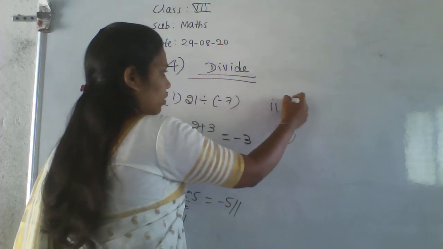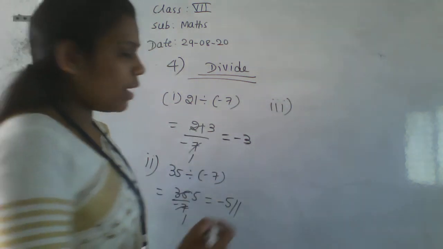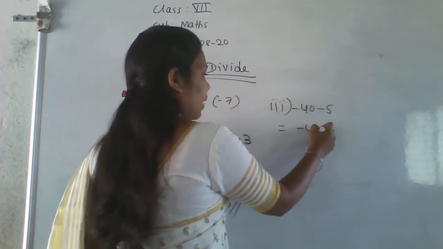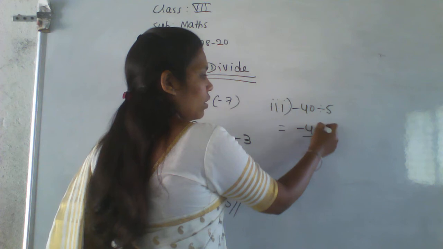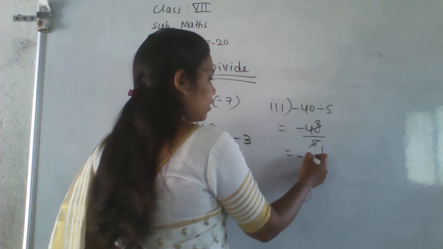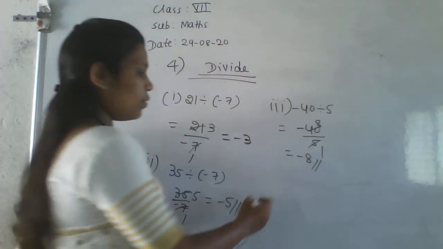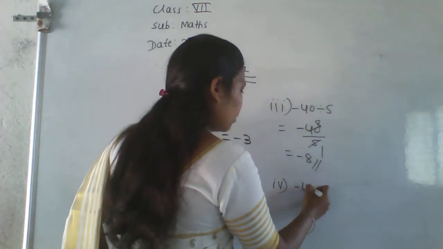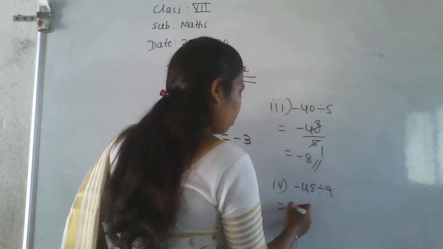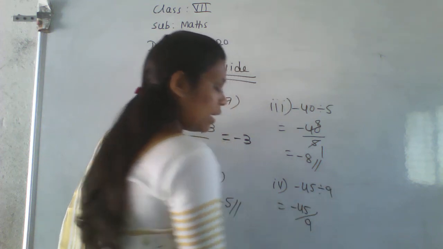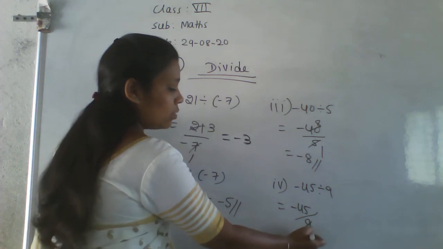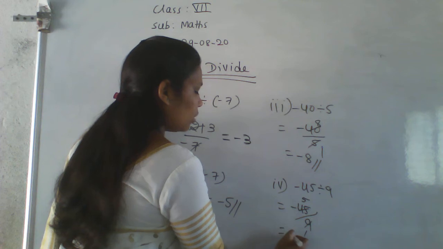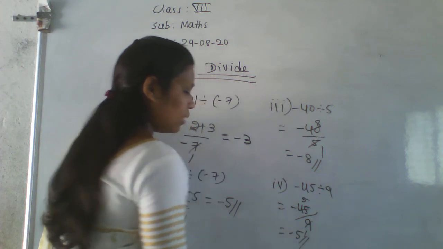Next, the third one: -40 divided by 5. 5 eights are 40, so the answer is -8. Next, the fourth one: -45 divided by 9. 9 fives are 45, so -5 is the answer.